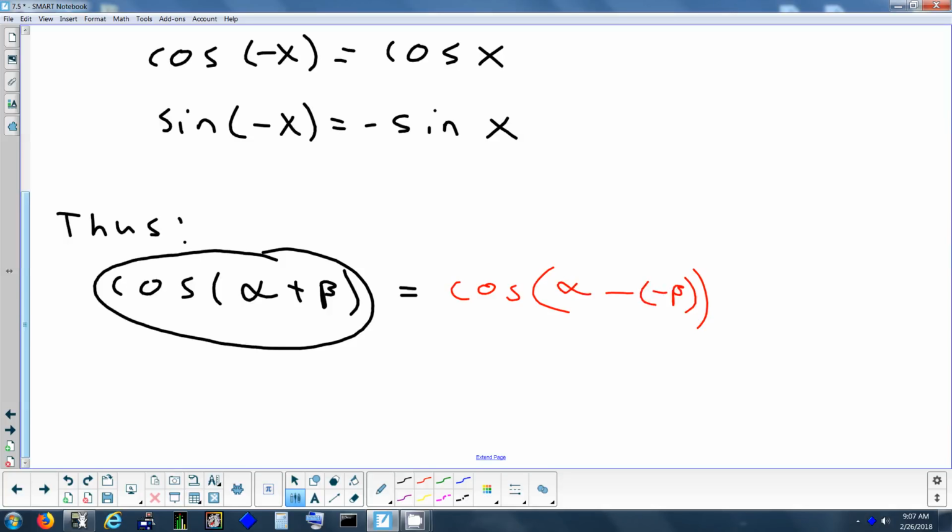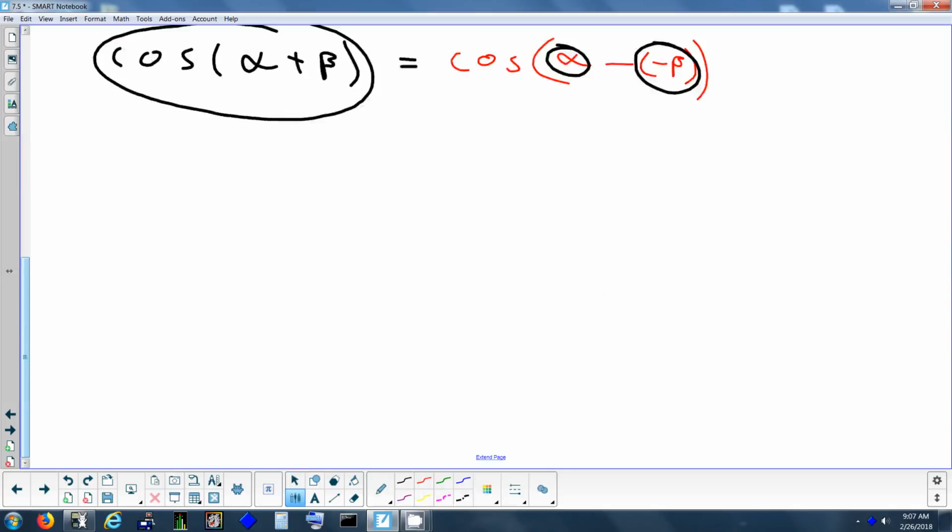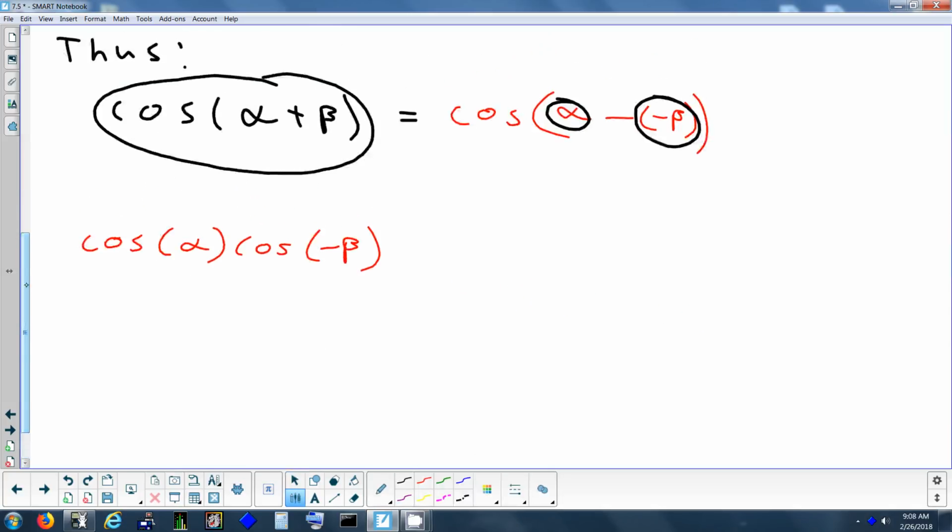Now, since you've written it as a difference, you can go back and use the cosine difference formula. There's your first angle. The thing that's changing is the second, negative beta. So now let's just go through and see what happens. It's cosine, cosine. And then is it a plus or a minus?